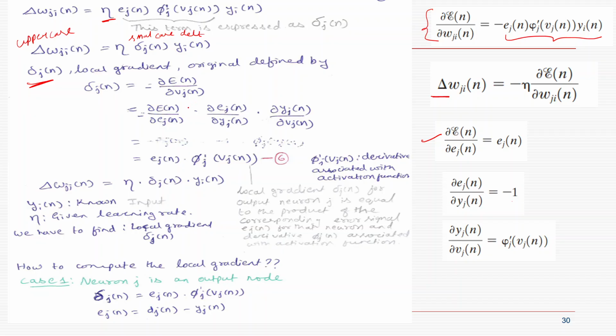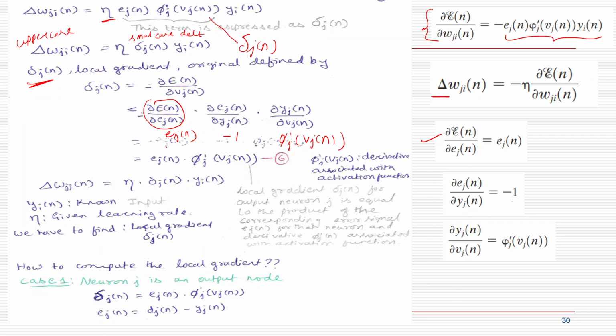You observe how it comes: this term is Ej of n, this is -1, and this was phi dash j of Vj of n.